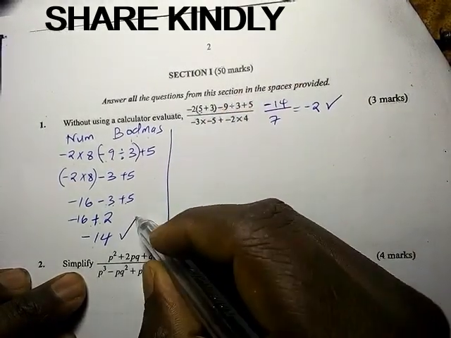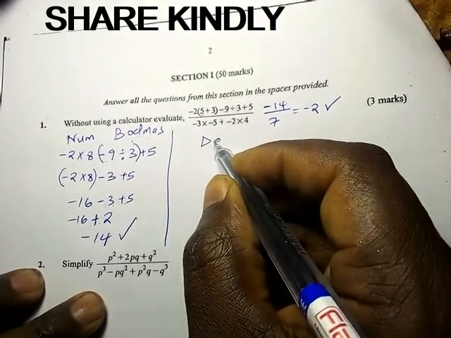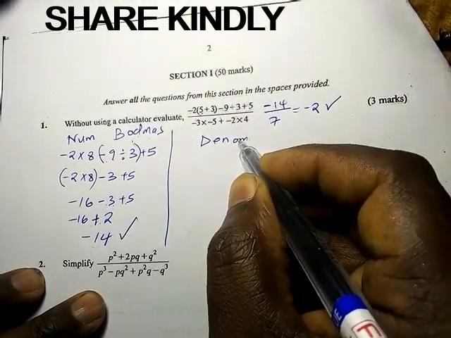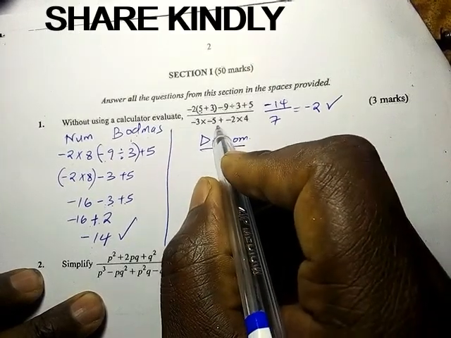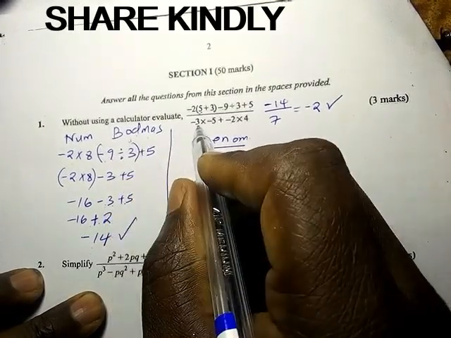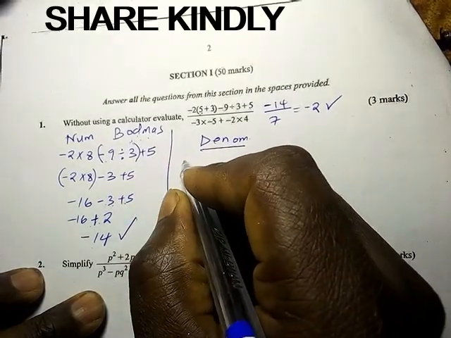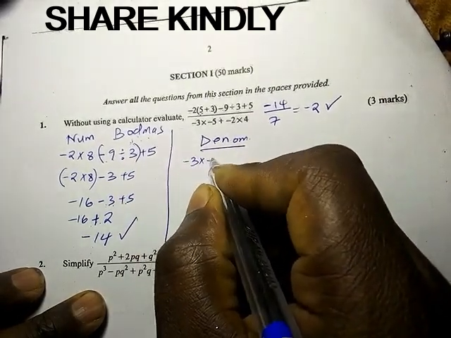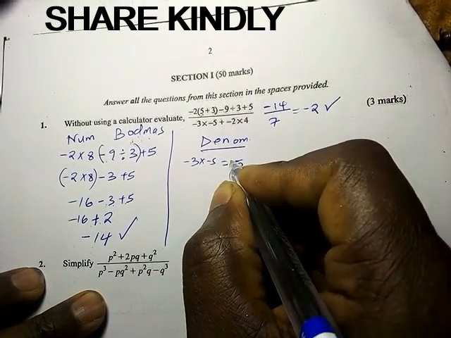Up to here, you will score your marks. Now the denominator, you do the same. We start with multiplication in BODMAS. We don't have division, we have multiplication. So that is negative 3 times negative 5, which gives us 15.